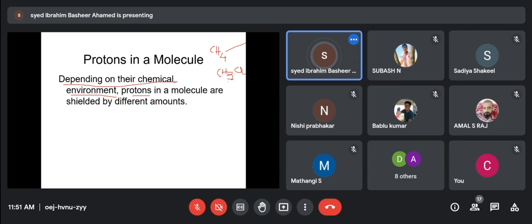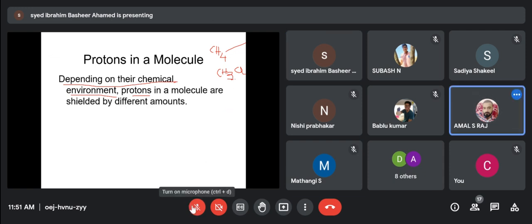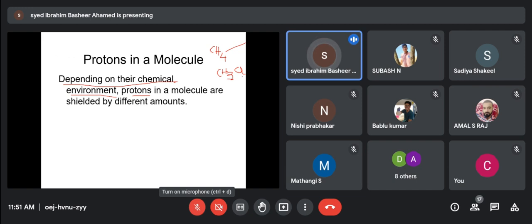Sadia said chloromethane. Any other name for this? Methyl chloride. Okay, this is another name, so Sadia is also correct. Generally, people say methyl chloride.